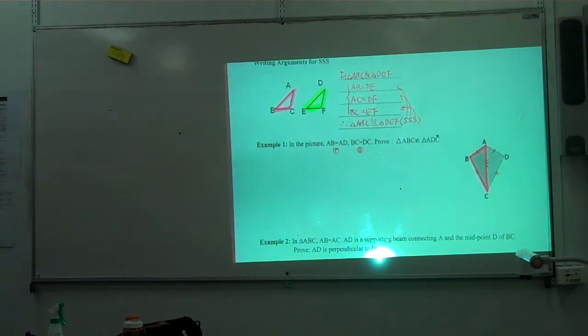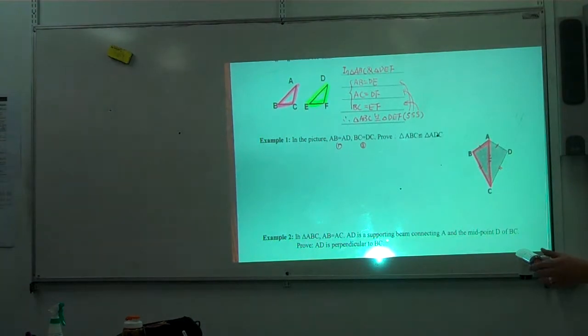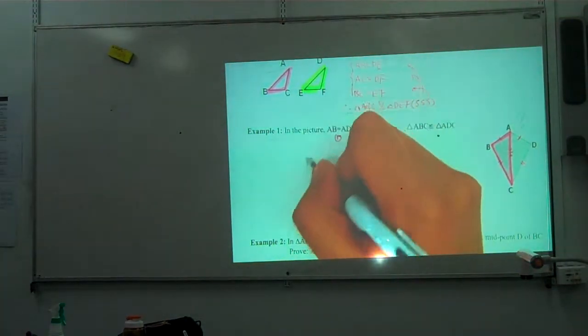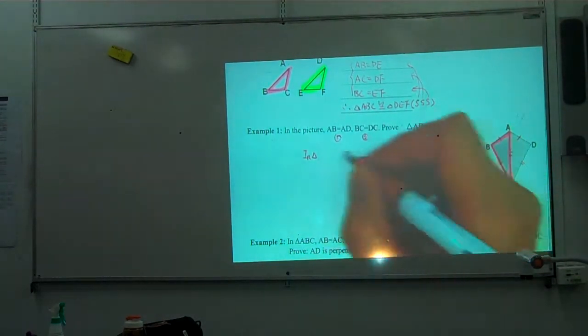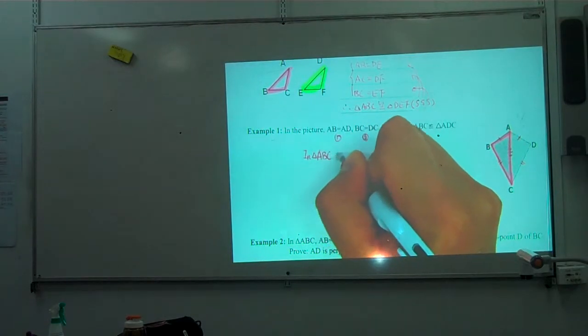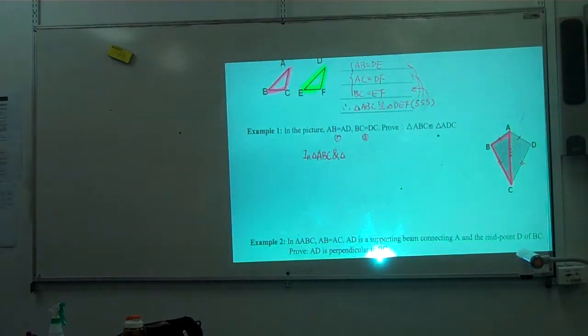Now let's get started. What do I have to write first? In triangle... Alright, tell me what are the two triangles? Triangle ABC and triangle ADC. Good. Pay attention to the order.